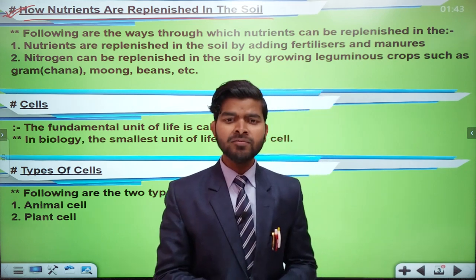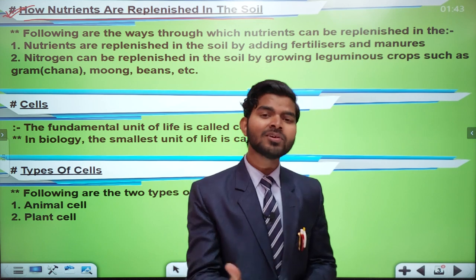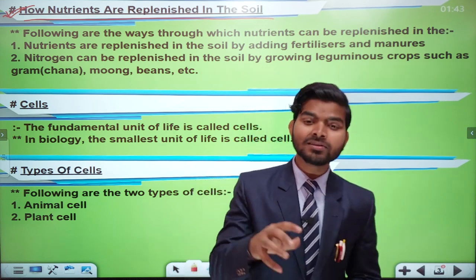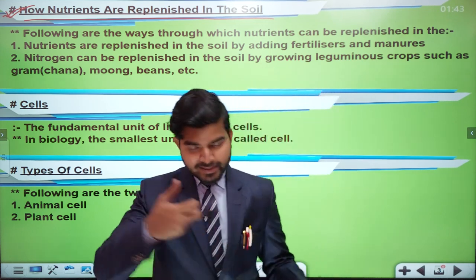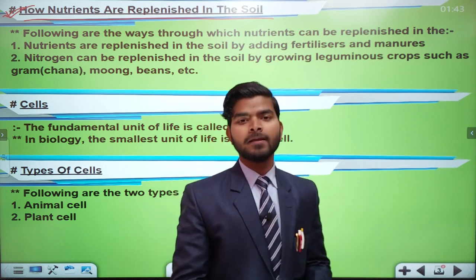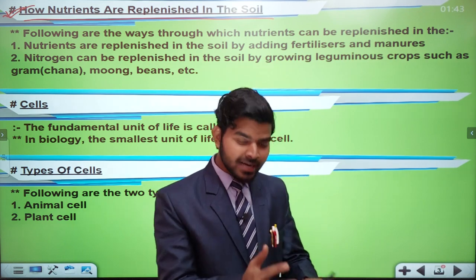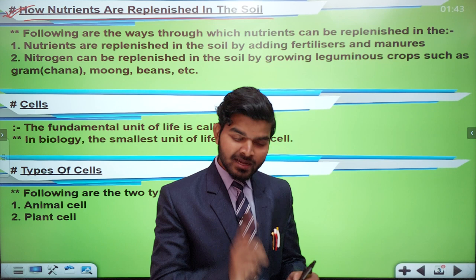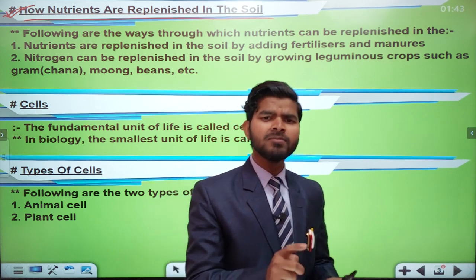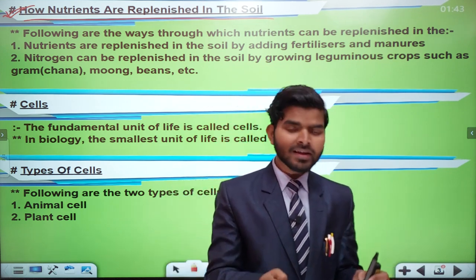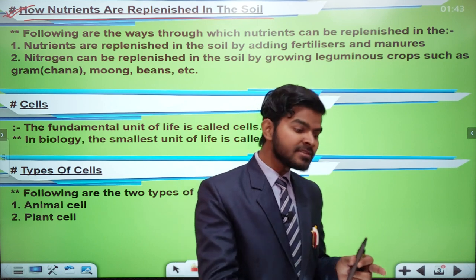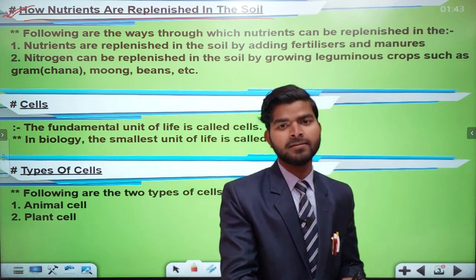Similarly, dear, if you are growing crops in the fields, then the crops take nutrients from the soil. That means one day that soil will fail, becoming nutrient-deficient soil.